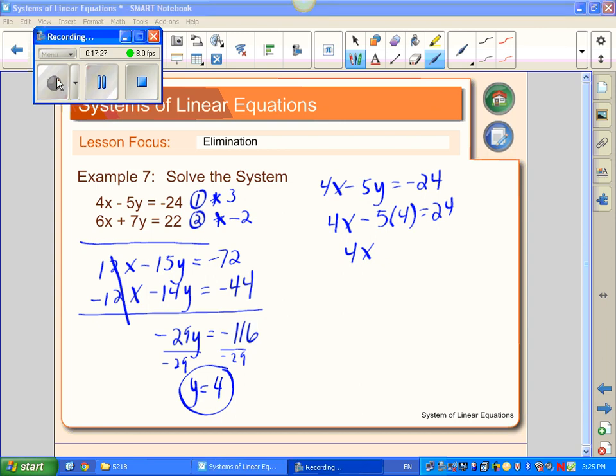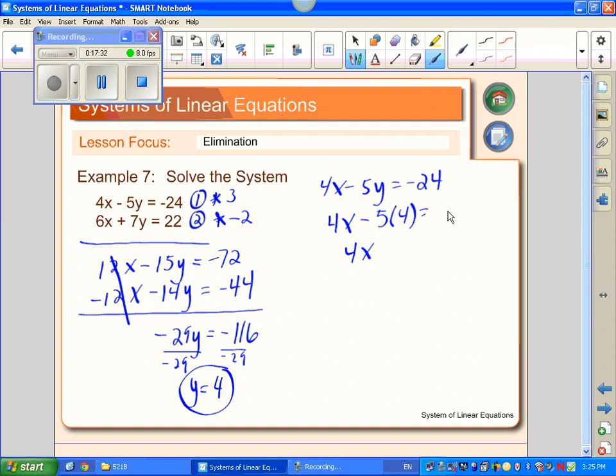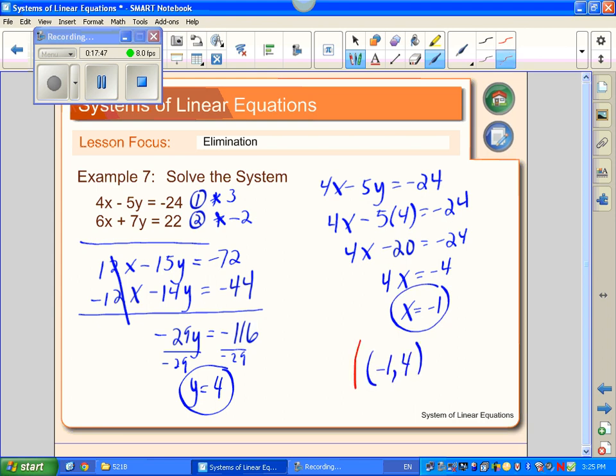Yeah, I knew I made a mistake with a sign. There it is. It should be negative 24 here. So this is negative 20 equals negative 24. 4x is equal to negative 4. x equals negative 1. The answer is negative 1, 4. And that is the solution to our system.